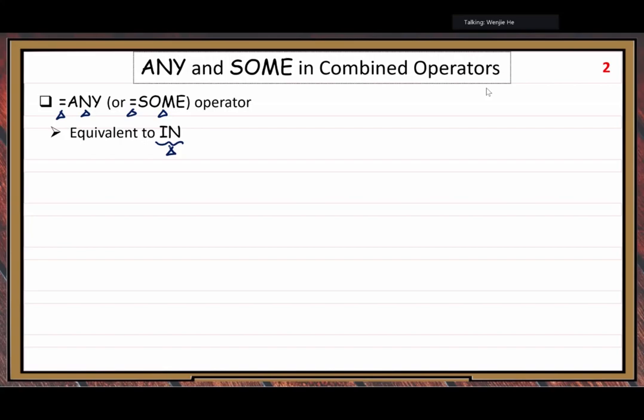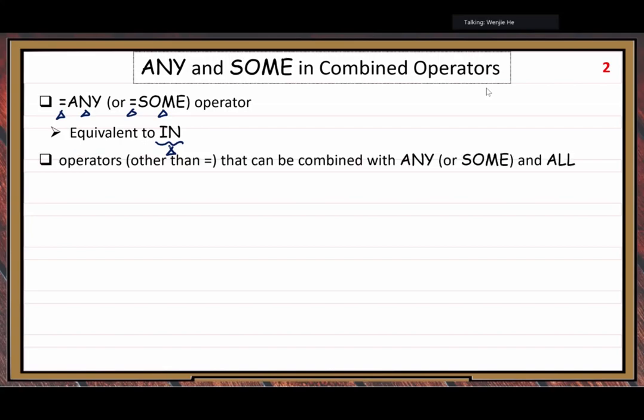Operators other than the equal sign can be combined with any, some and all. Less than, and all these operators can be combined with any and some. You just use the natural meaning to understand. Greater than any: you know the meaning, right?